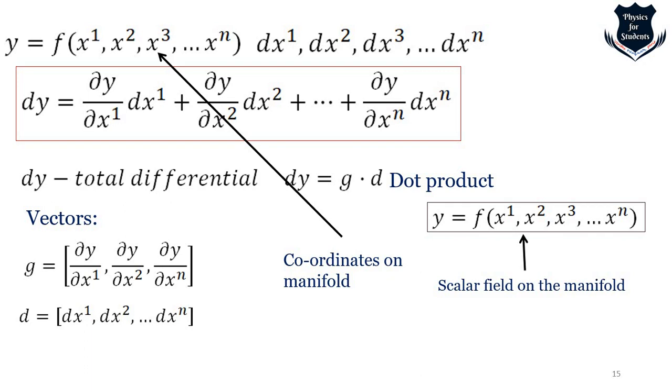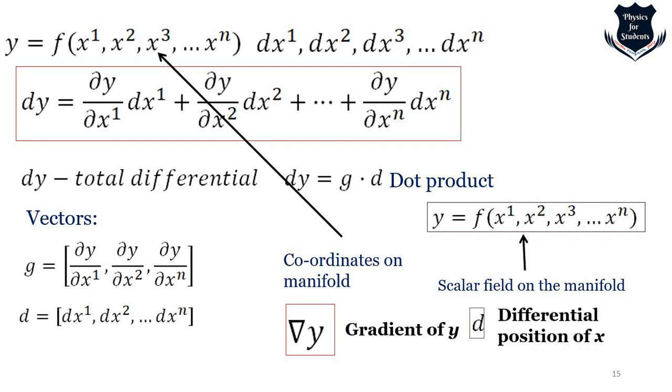So these variables relate to the coordinates of the manifold, and you will see that g is the gradient of y, which is given by this Greek nabla sign, right? g is the gradient of y and d is the differential position of x. It can also be written as dx, whatever. Now all of them are evaluated at the point x1, x2, dot dot dot up to xn.